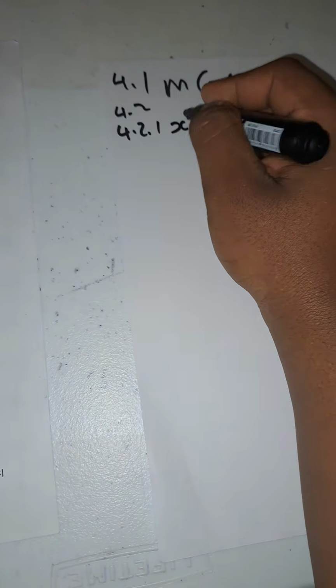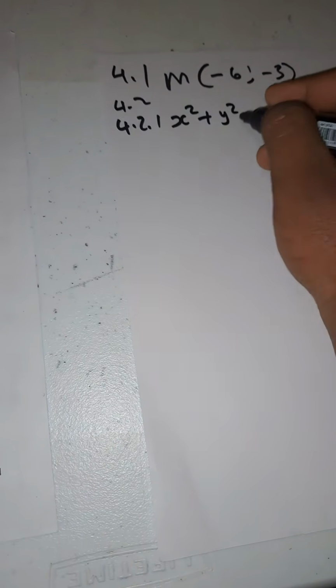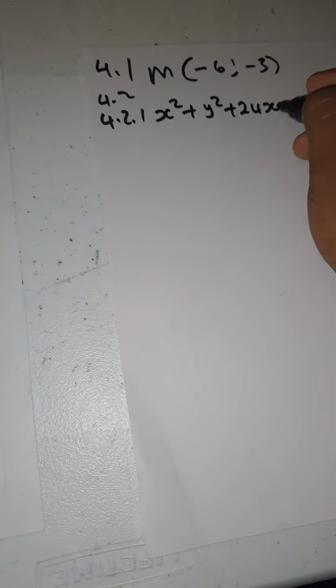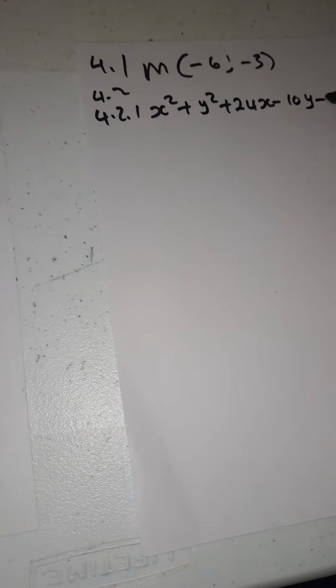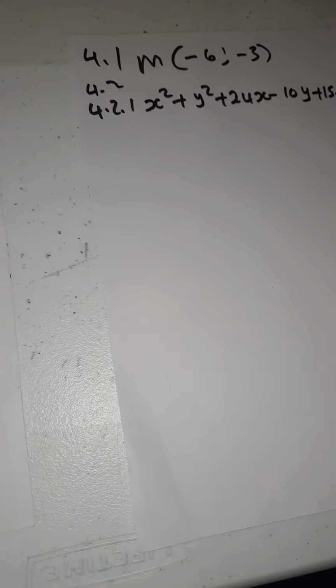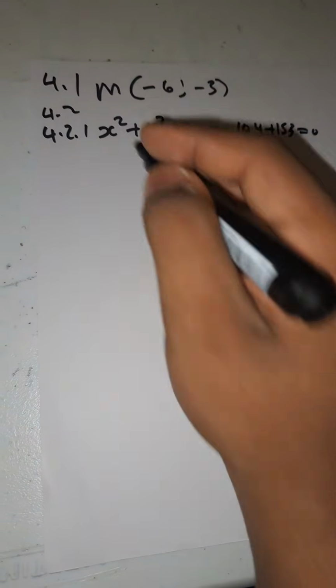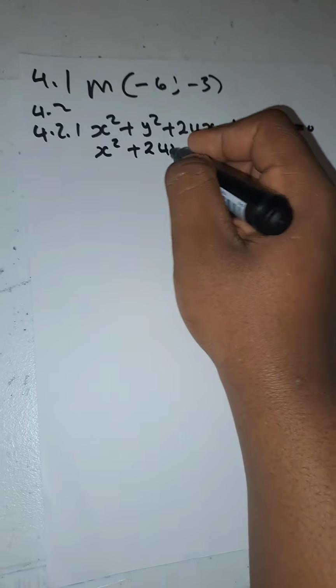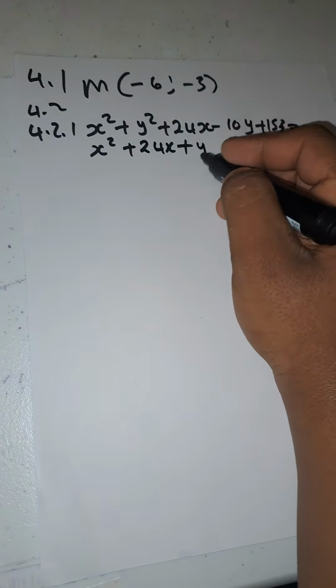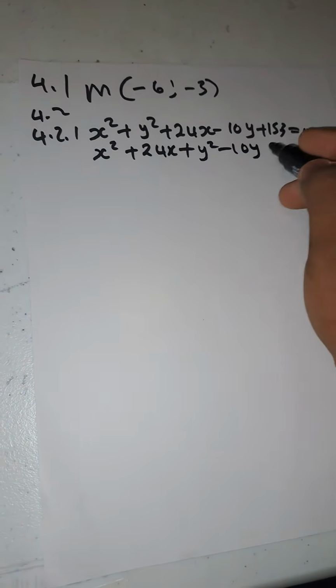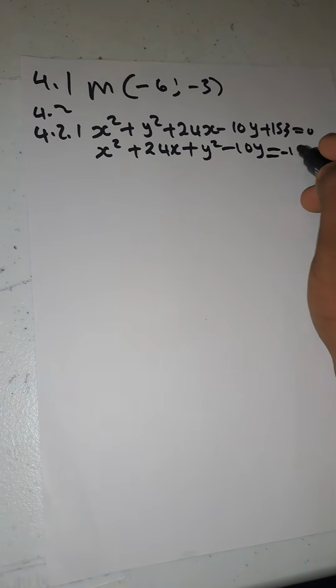so it will be x squared plus y squared plus 24x minus 10y plus 153 is equal to 0, right? And then when you are done, you group your x, so it will be x squared plus 24x, I'm sure you know how to complete the square, minus 10y. So let me take that one to the other side.